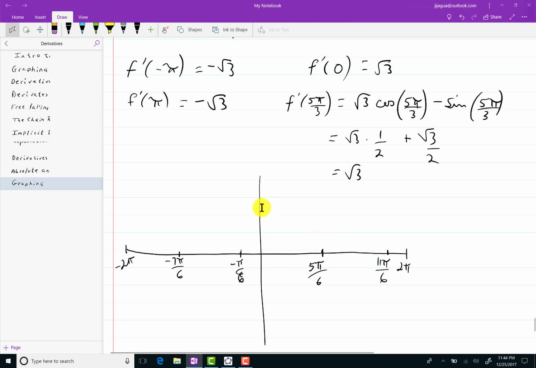So those are my zeros. Let me go ahead and put dots here. At the endpoints, I had a y-intercept of 0, 1, so I'll put that there. Plus, at the endpoints at negative 2 pi or positive 2 pi, you would get radical 3, which is a little higher, so I'll throw in this radical 3.